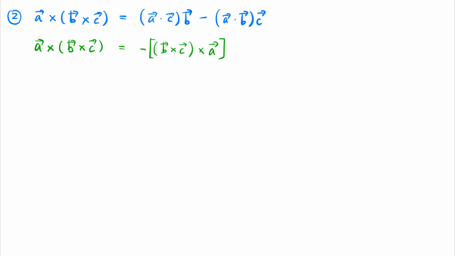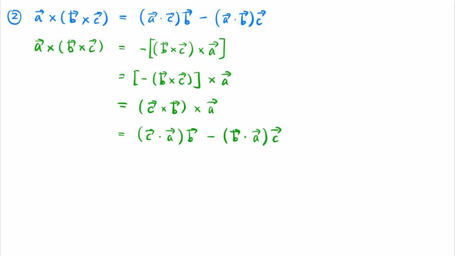A cross (B cross C) equals the negative of the vector (B cross C) cross A. This equals the vector (negative B cross C) cross A. This equals (C cross B) cross A. Using the first point, this equals (C dot A) times B minus (B dot A) times C. Finally, we can swap the two vectors in the dot products to give (A dot C) times B minus (A dot B) times C, and this completes the proof.